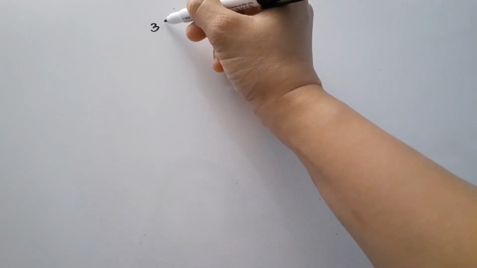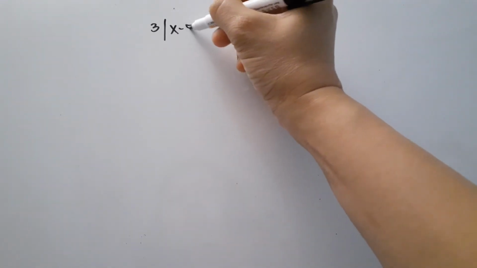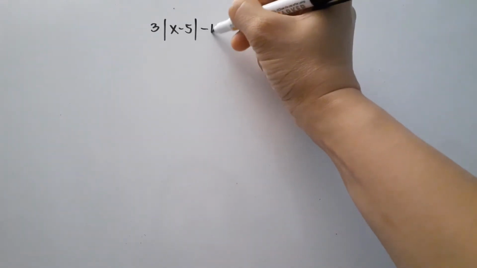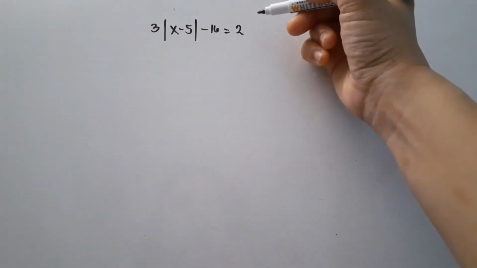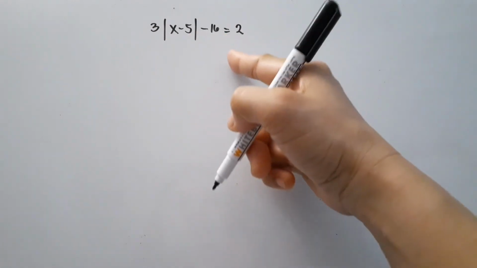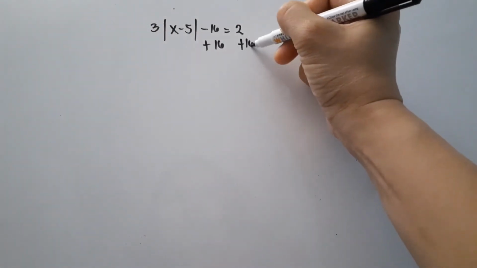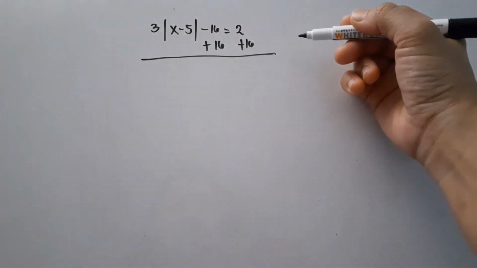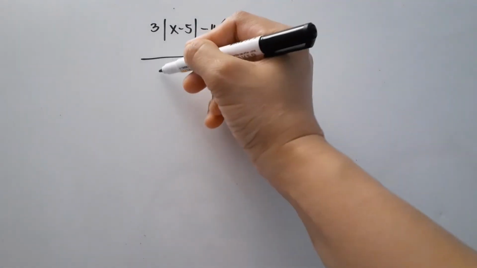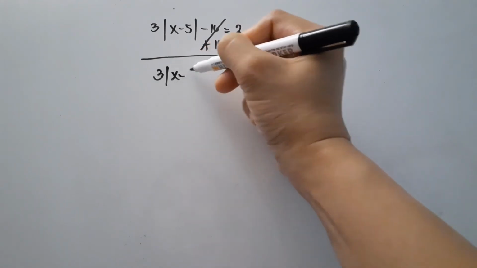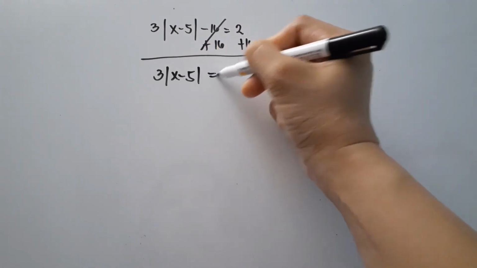Again, we have another example. We have 3 times the absolute value of x - 5, minus 16, is equal to 2. Remember that we cannot directly solve by positive or negative since we have a number outside the absolute value. The first thing to do is simplify.